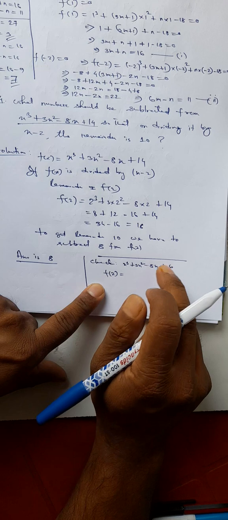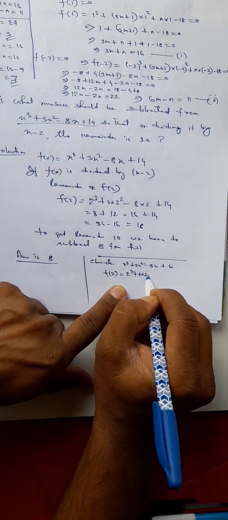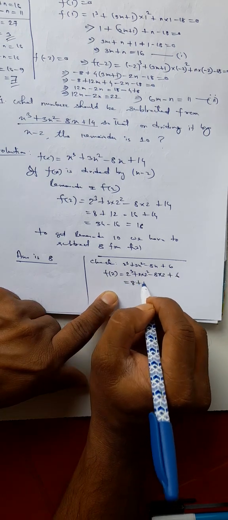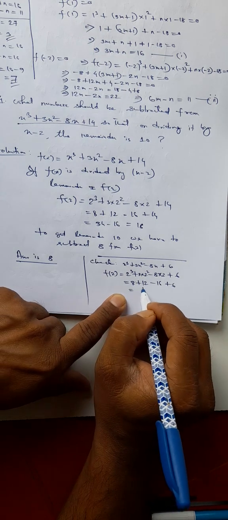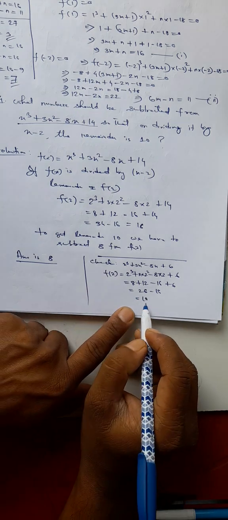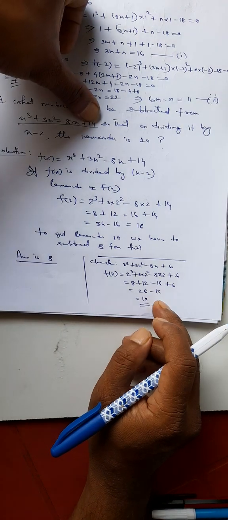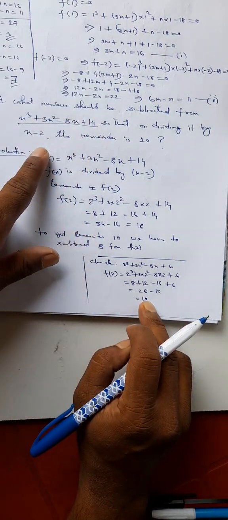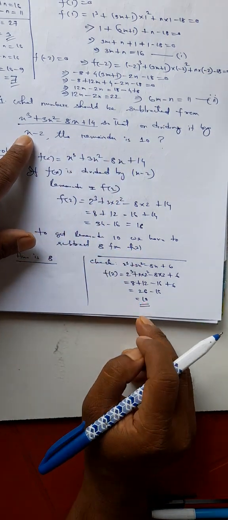If you divide this polynomial by x minus 2, remainder is f of 2, which is 2 cube plus 3 into 2 square minus 8 into 2 plus 6, 8 plus 12 minus 16 plus 6, 26 minus 16. Answer is 10. You see, when you subtract 8 from this polynomial, remainder is 10. So we have to subtract 8 from this polynomial to get remainder 10 when it is divided by x minus 2.